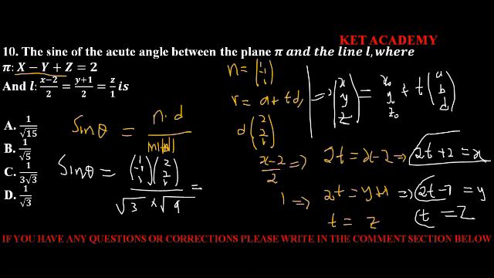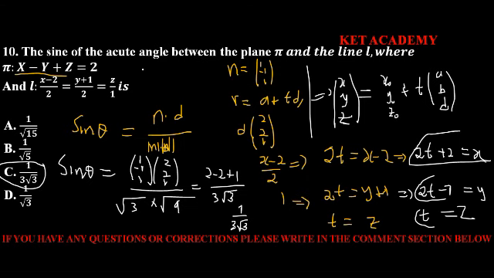We are left with the dot product: 2 minus 2 plus 1, divided by 3 root 3. 2 minus 2 gives 0, so this gives us 1 divided by 3 root 3. So the correct option there is option C.